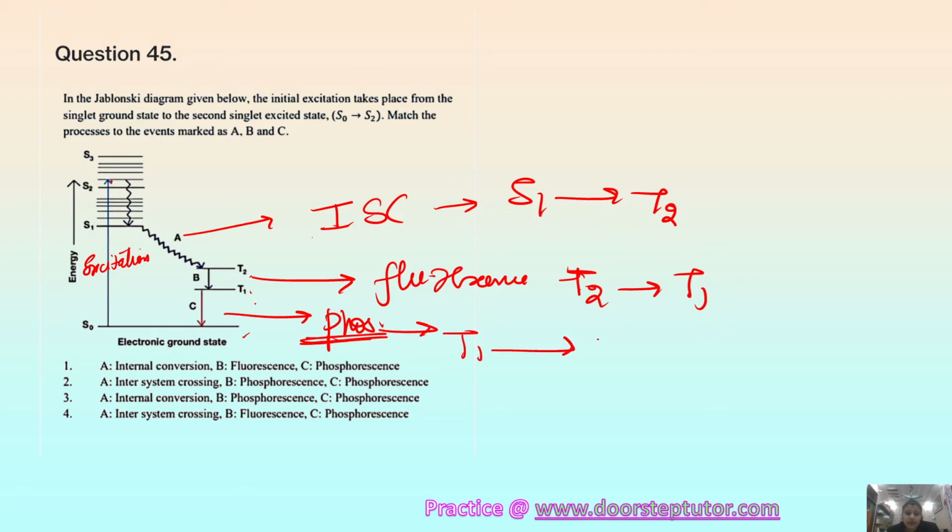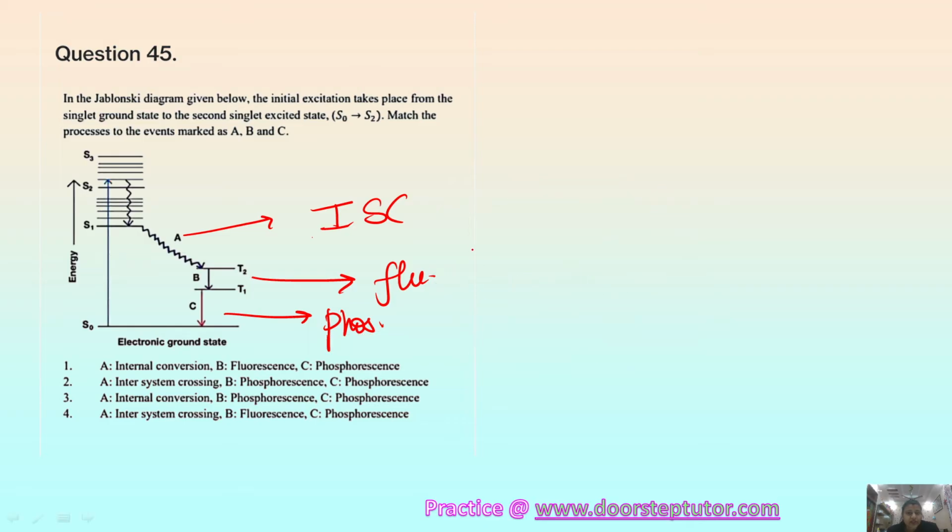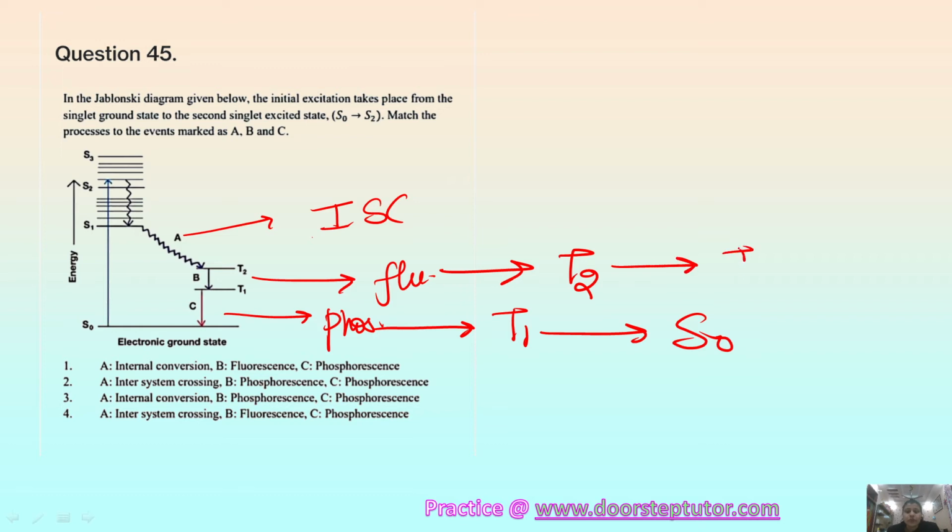So in phosphorescence the spin multiplicity changes, from T1 to S0, and in fluorescence the spin multiplicity remains the same, that is from T2 to T1. When the spin multiplicity is the same, the emission is known as fluorescence, and if the spin multiplicity changes, then it is known as phosphorescence.